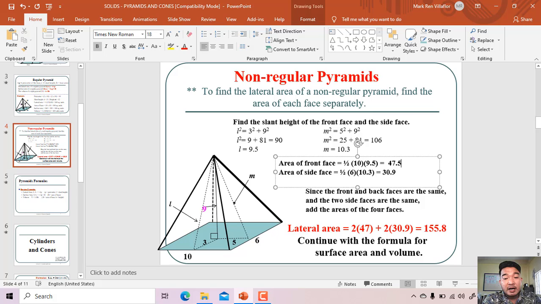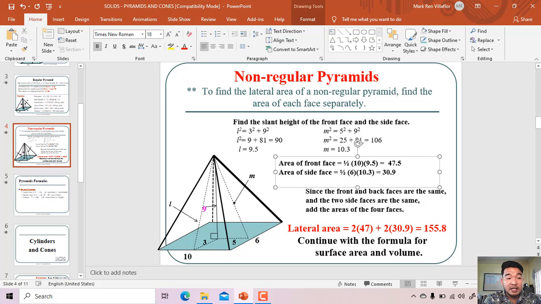And then, for the area of side face, you will have 1/2 of 6 times 10.3. So is that right? 9.5 times 10 is equal to 95 divided by 2 is equal to 47.5, correct?